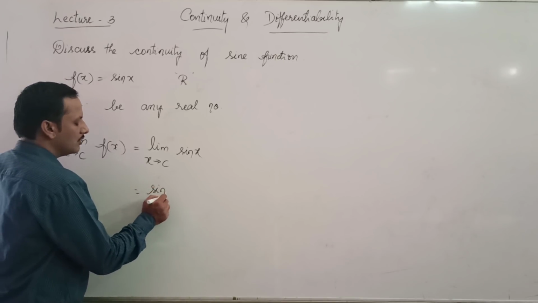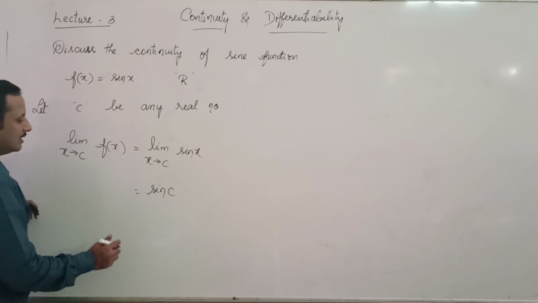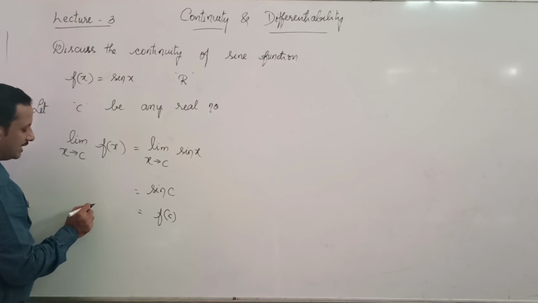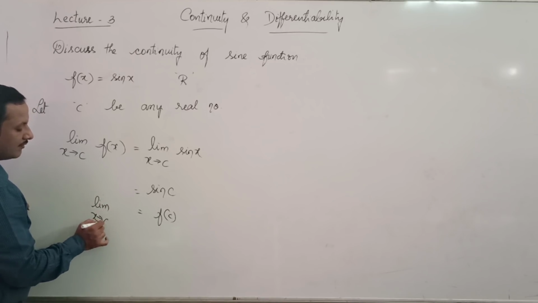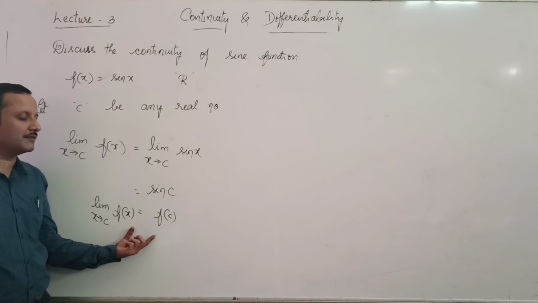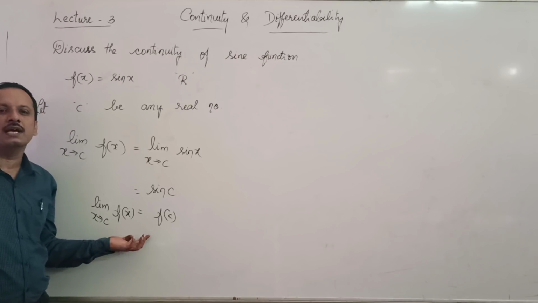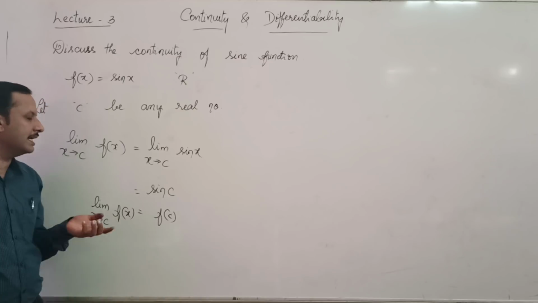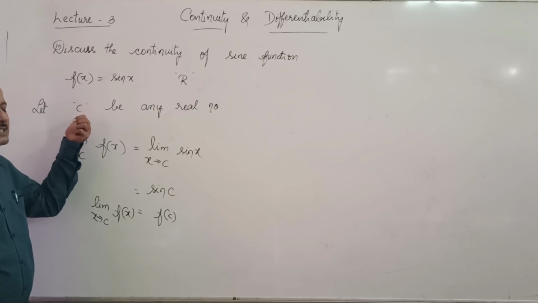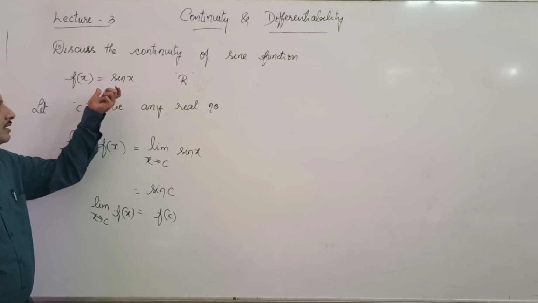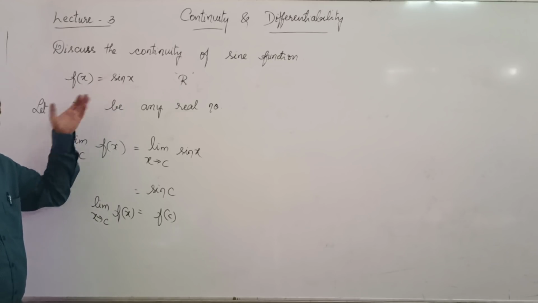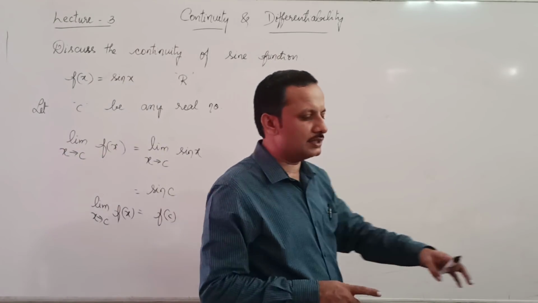This will be equal to sin C. Sin C is nothing but f of C. F of x is equal to sin x, therefore f of C is equal to sin C. Therefore, we can write that limit x tends to C f of x is equal to f of C. Hence, f of x is continuous at x equal to C. In other words, sin x is continuous at x equal to C. Since C is an arbitrary real number, we can say that sin x is continuous at all real numbers.